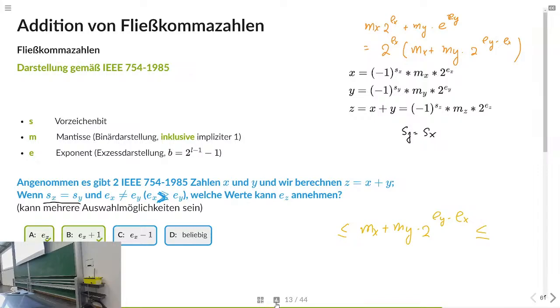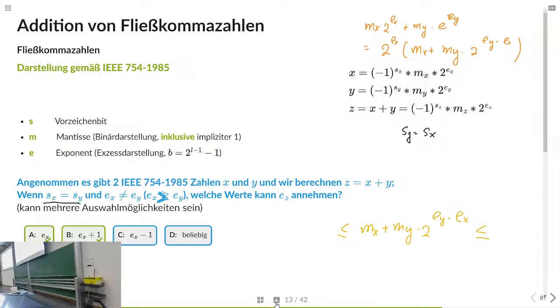So, wir haben bisher 2 Fälle schon besprochen. Fall 1, ax ist gleich ay. Fall 2, ax ist größer als ay. Es gibt natürlich den dritten Fall, ax ist kleiner als ay, aber den diskutieren wir hier gar nicht.